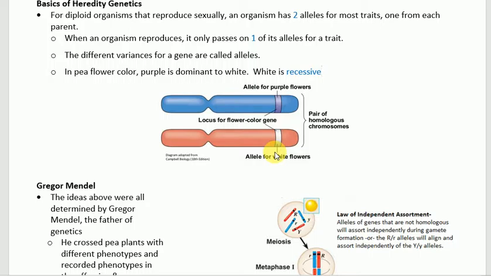Let's say that this is from dad and this is from mom. Since purple is dominant, it would be a capital P. When we label traits, we always go off of the dominant trait, so in this case it would be P. For white, since it's recessive, it would be a lowercase p.